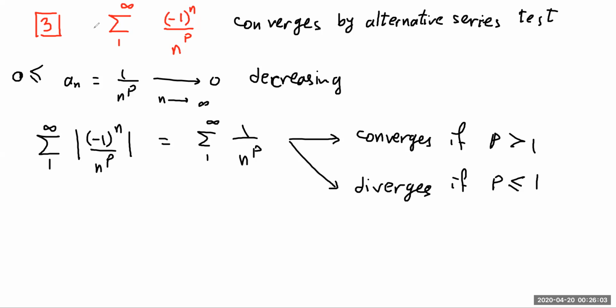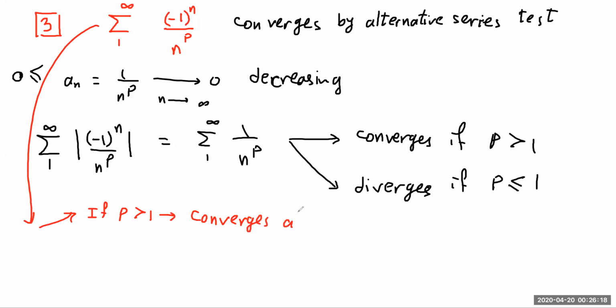For my series here, I have two cases. If b is greater than 1, it converges absolutely.